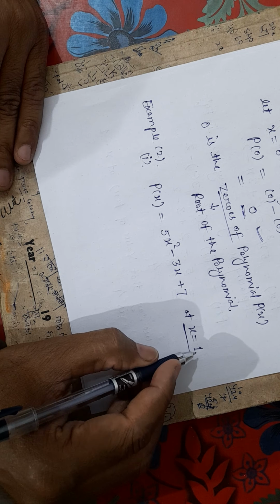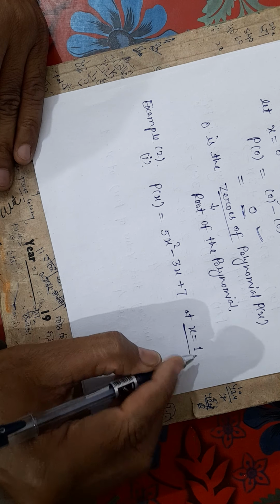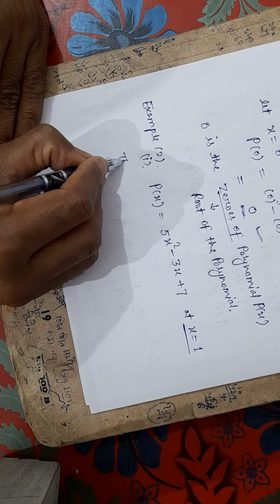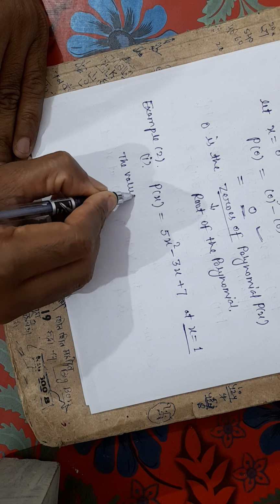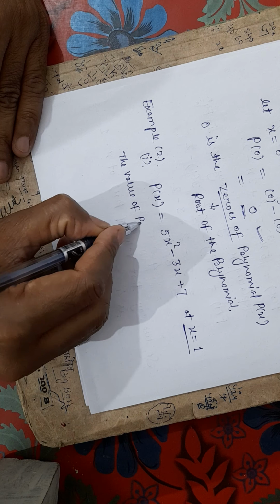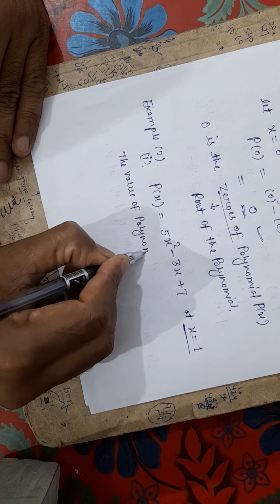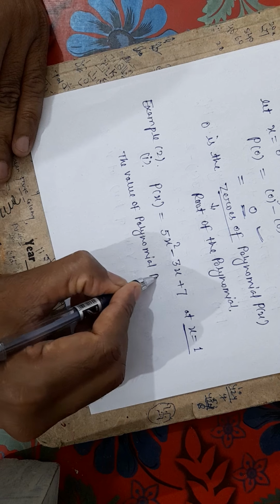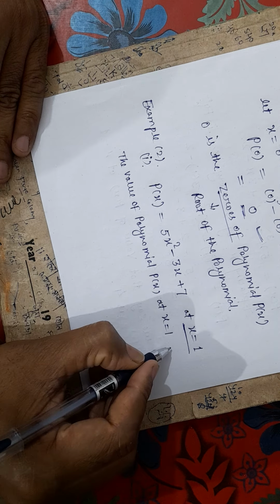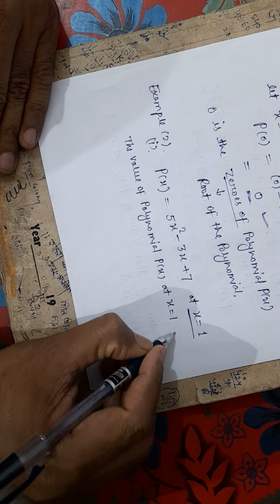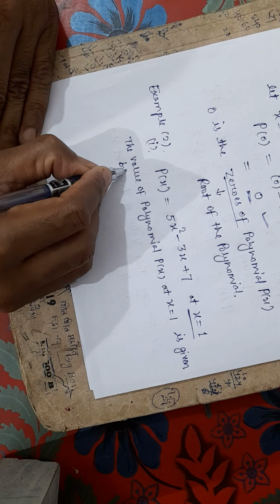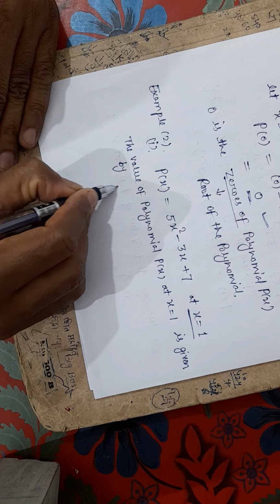So the value of the polynomial p(x) at x equal to 1 is given by: in the place of x we will put 1.